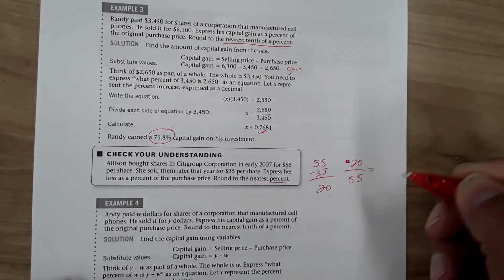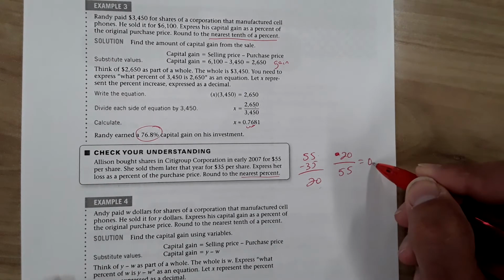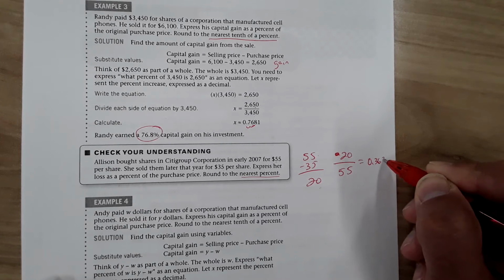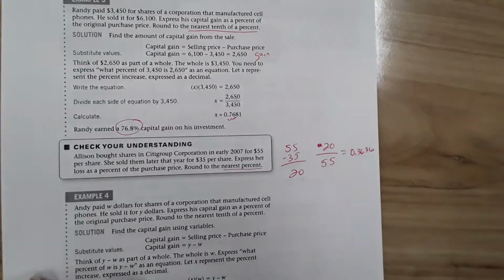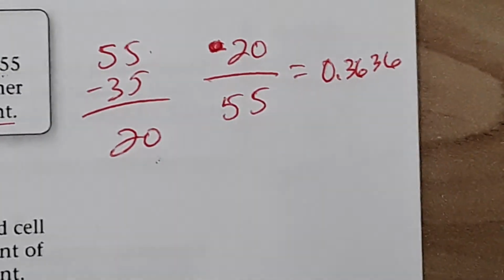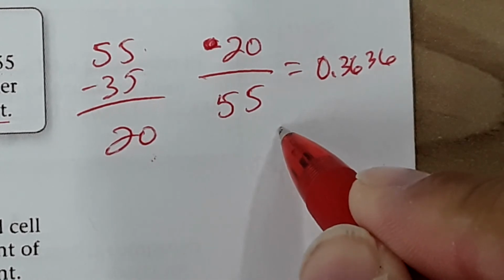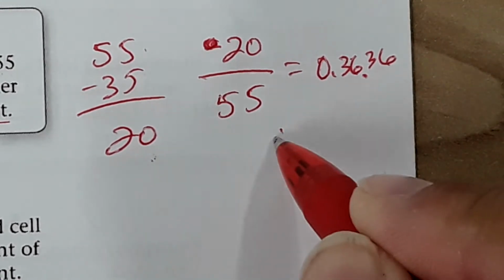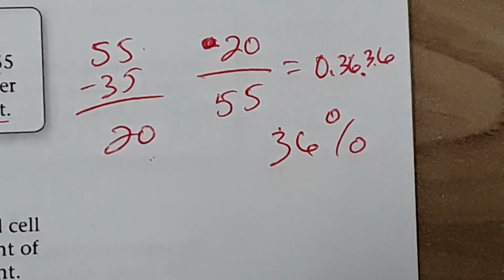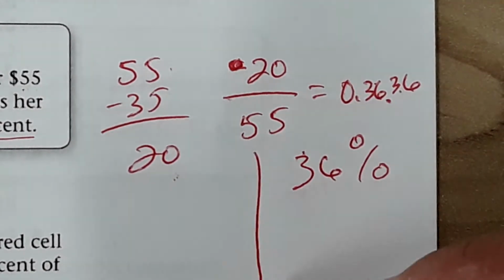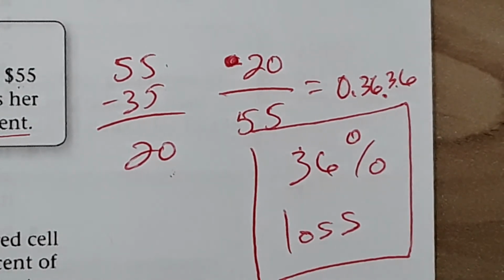I'm not going to bring the negative into it because we know it's a loss anyways. That would be 0.3636. That's the decimal. So as a percent, I would move that decimal 2 places, and we're rounding to the nearest percent. So this would be 36% because this 3 would not push the whole percent up. So 36% loss because it went down.